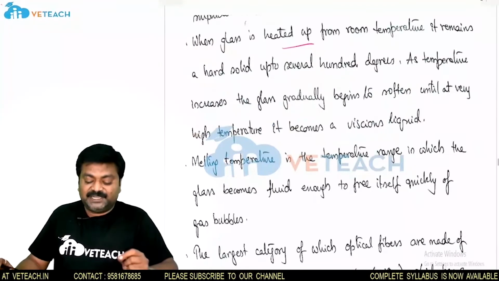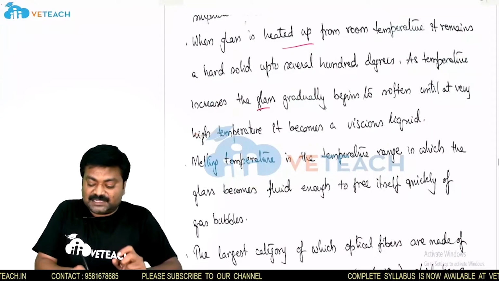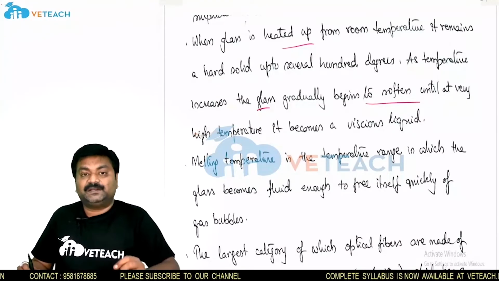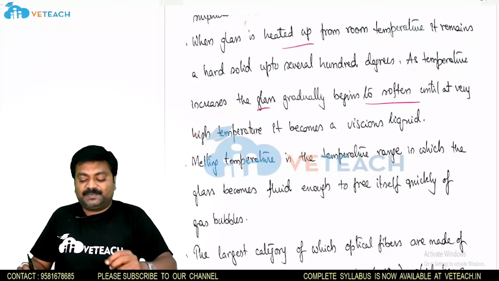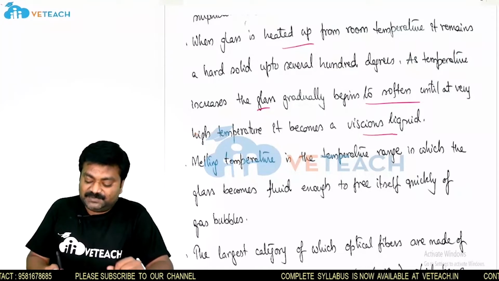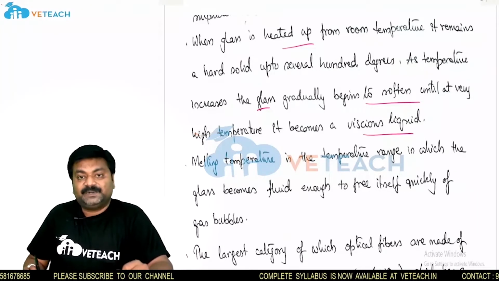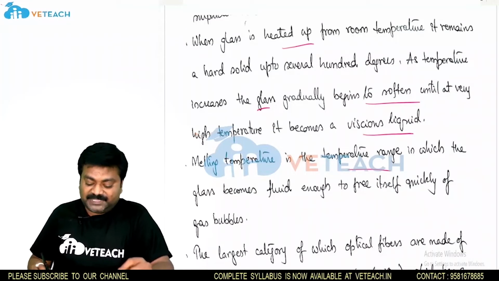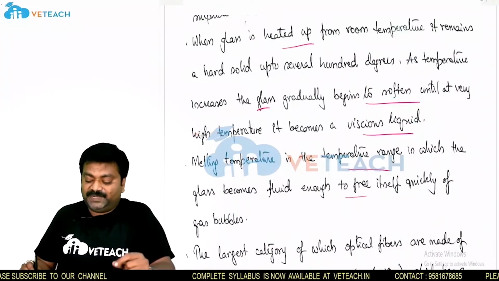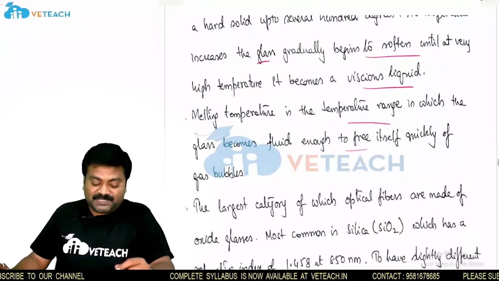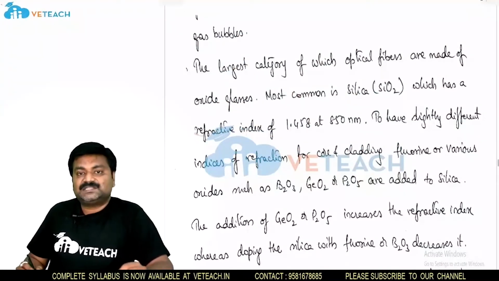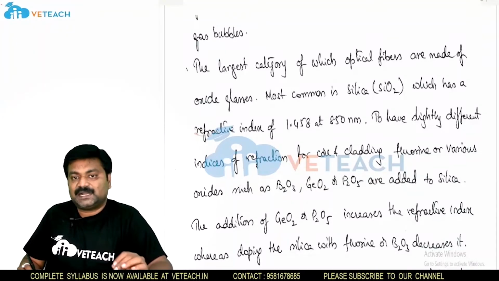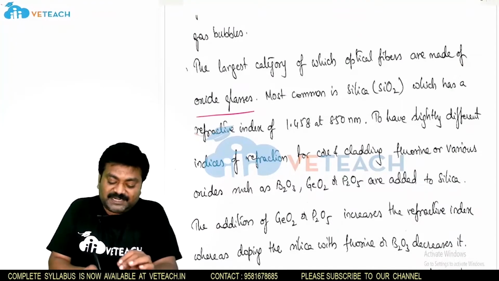As temperature increases, the glass gradually begins to soften until at very high temperature it becomes a viscous liquid. Melting temperature is the temperature range in which the glass becomes fluid enough to free itself quickly from the gas bubbles. The largest category of optical fibers is made of oxide glasses.